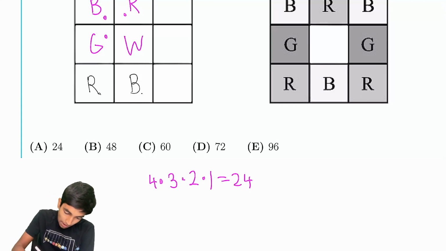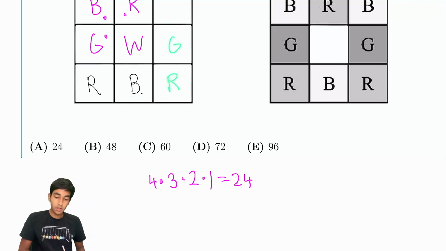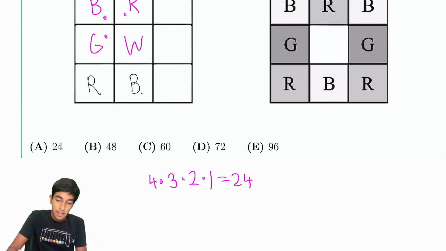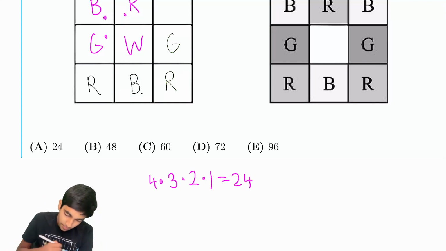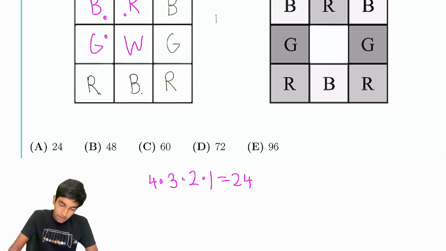Now we look at this 2x2 square. White, blue. So these 2 have to be green and red. So there's again 2 possibilities, right? Green, red, or red, green. Let's see what happens when it's green, red. Then this square has to be blue. It's fixed. So in this case, there's 1 way.